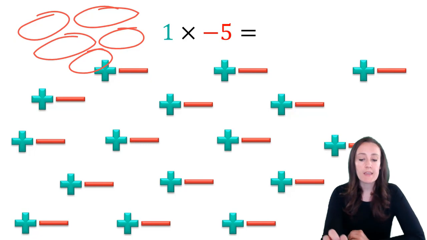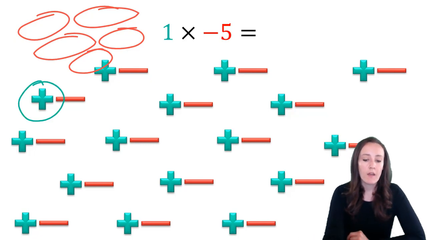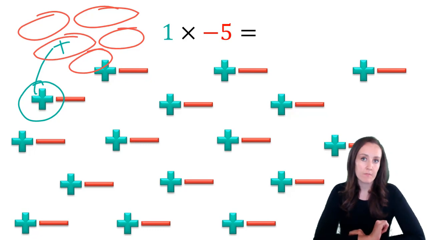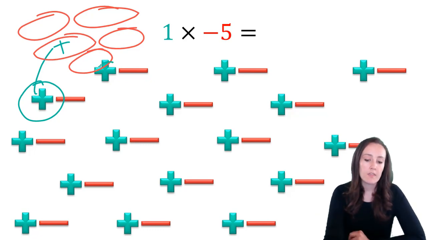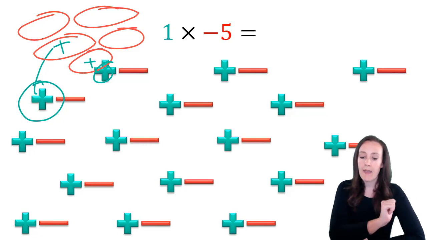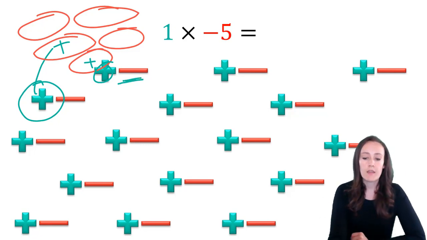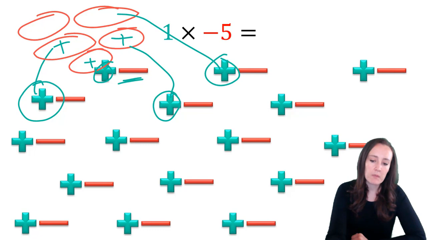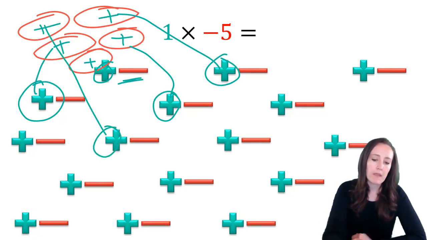Because in order to take out a positive, I'm going to have to take this positive away from the negative that it's matched with. And if I take that away and put it in one of my groups that I'm taking out, this negative is going to also not have a pair. This is going to be the case for 5 of the negatives because I'm taking away the positives that were paired with them.